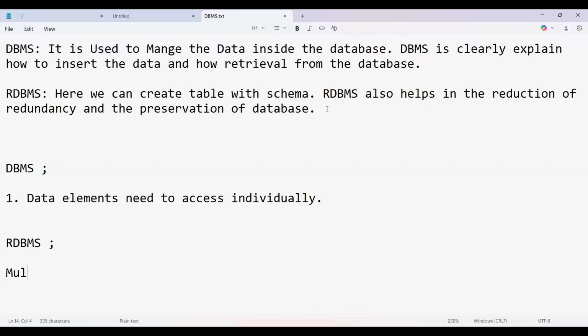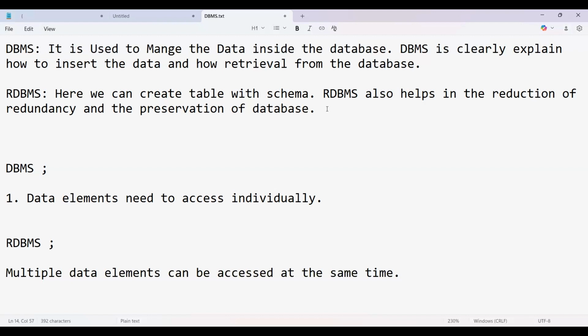In DBMS, one database can be accessed by only one person at a time.